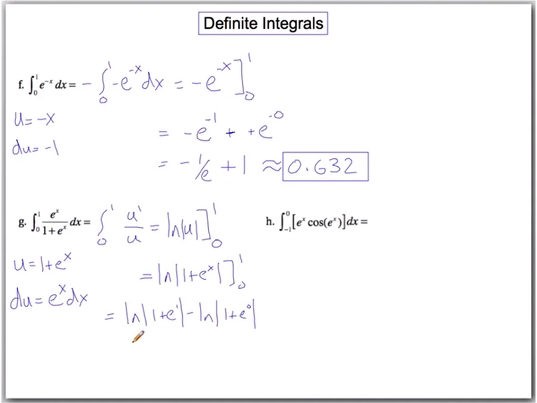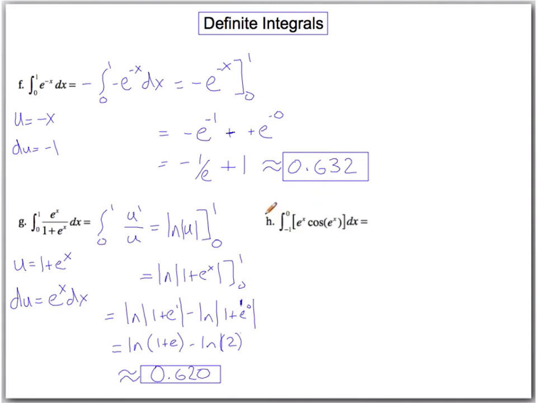And this is going to be positive, so it's just the natural log of 1 plus e, and then minus the natural log of, well, e to the 0 is just 1, so it's 1 plus 1, so the natural log of 2. Okay, and if we were to calculate this out, we would get an approximation of about 0.620.